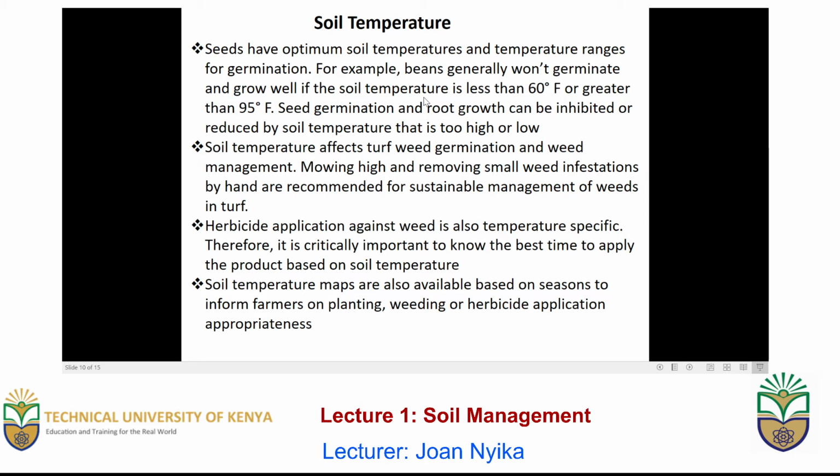However, some specific crops have specific ideal temperatures. For example, beans will not germinate or grow well if the soil temperature is less than 60 degrees Fahrenheit or greater than 95 degrees Fahrenheit. Seed germination and root growth can also be inhibited if the temperature is very high or very low.